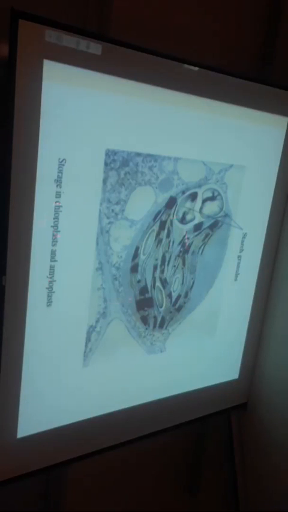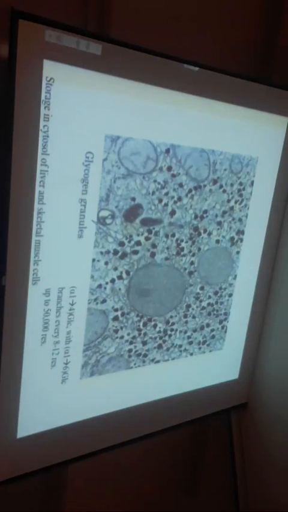Chloroplasts is, as you know, through photosynthesis, the location where sugar is being produced. Animals can also store, well, no, not starch, we don't store starch.